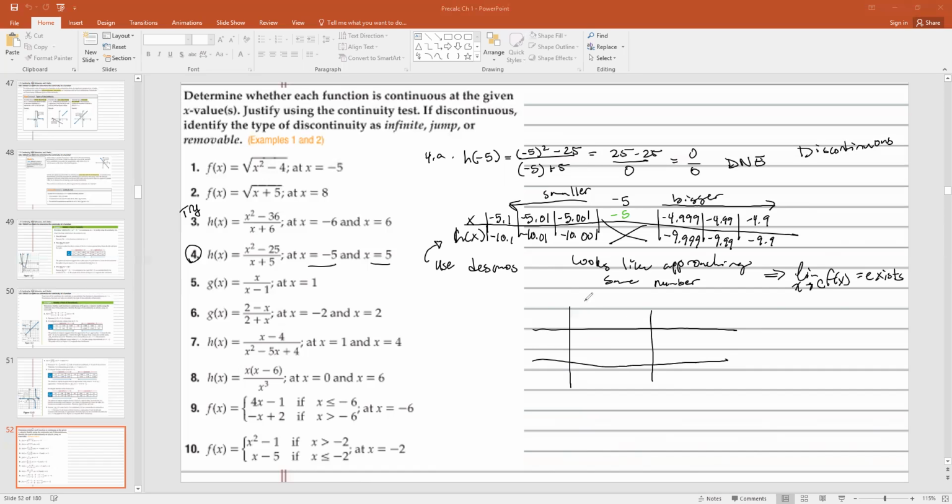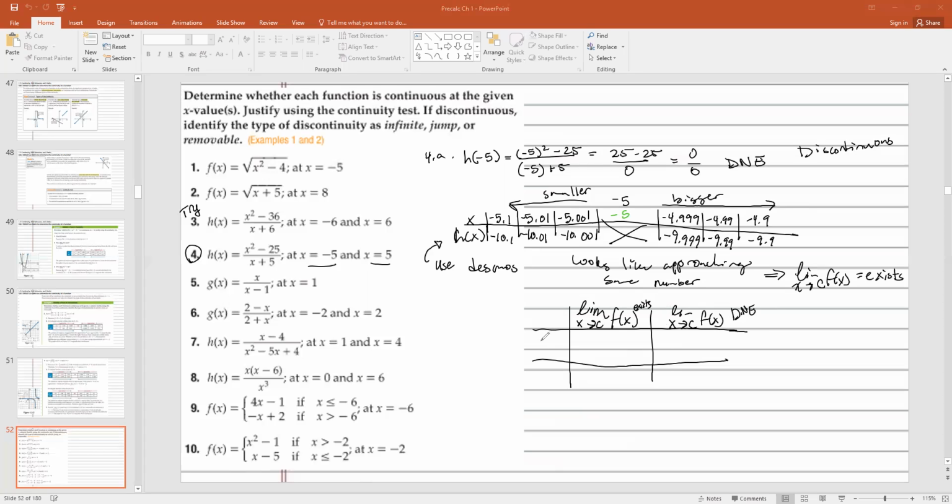Okay, so here you have if the limit of f of x as x approaches c exists, and here the limit of f of x as x approaches c does not exist. And remember, does not exist means approaches different numbers.